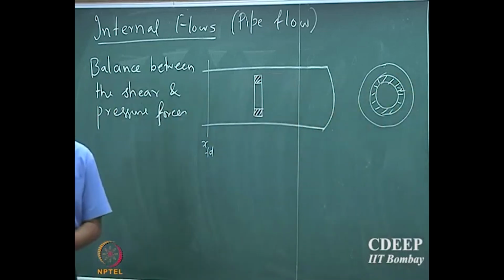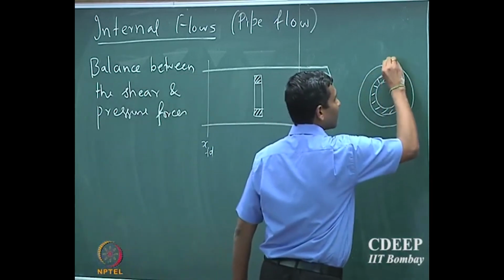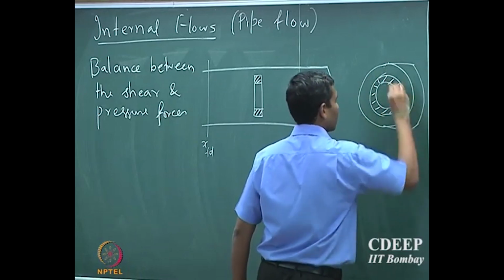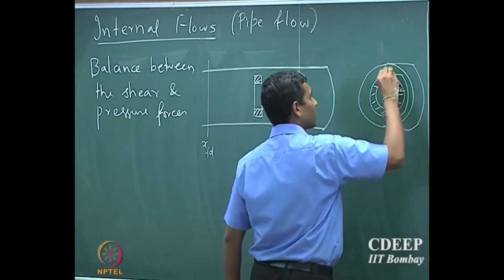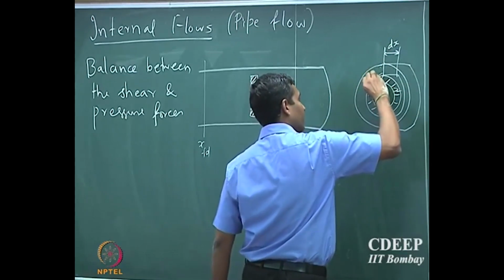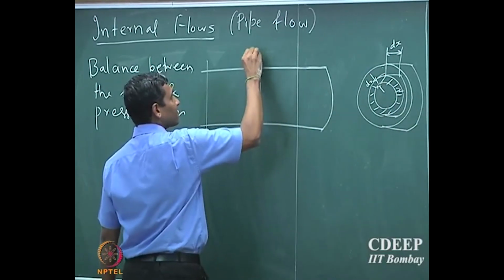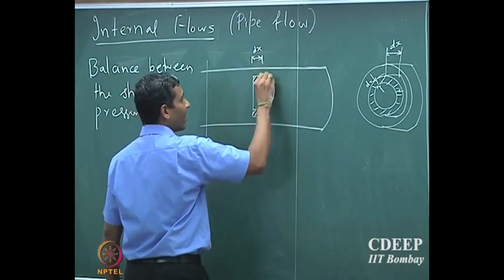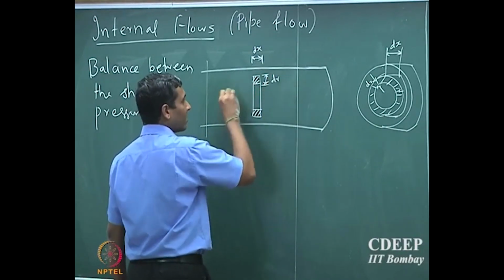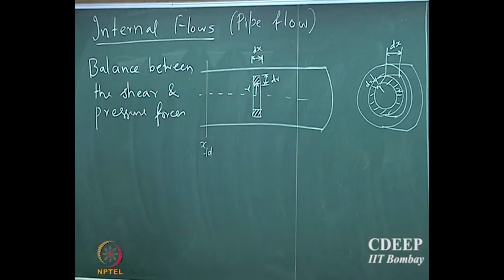If I have an annular cross section, this is dx and this is dr, equivalently here this is dx, and this is dr, and this is located at some r position. So if the small shell is located at some r location, I can make a force balance.